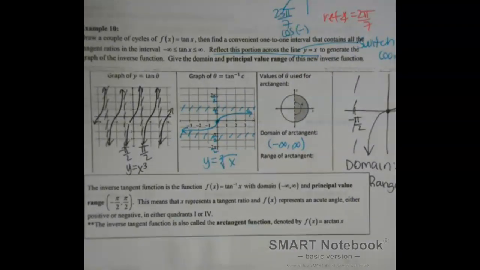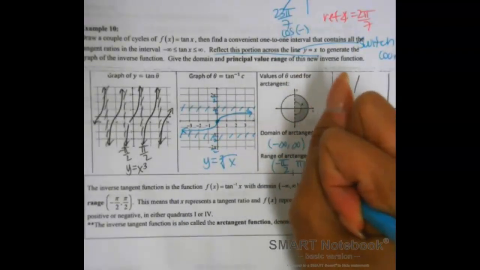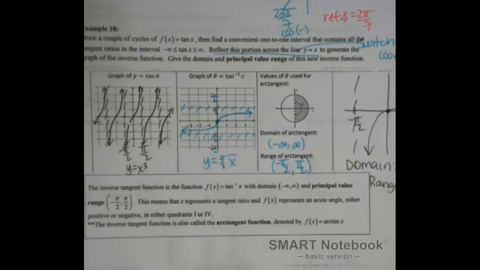Negative infinity to positive. What's the range? Go from the bottom of the graph to the top. Negative pi over 2 to pi over 2. Remember, these are the same increments. This is just negative pi over 2, negative 2 pi over 2, which is pi, and so on.